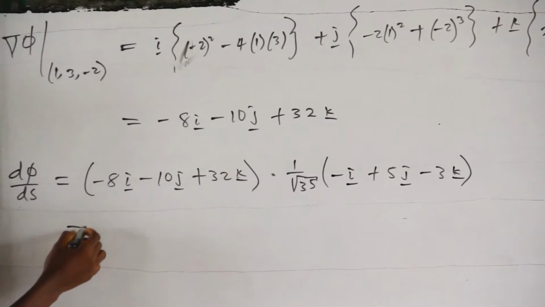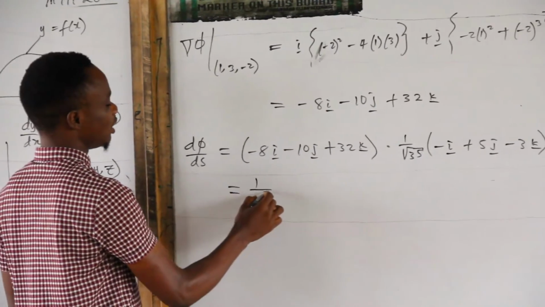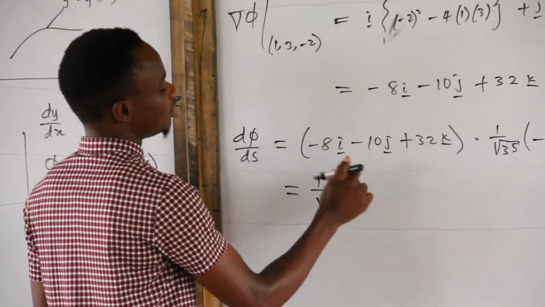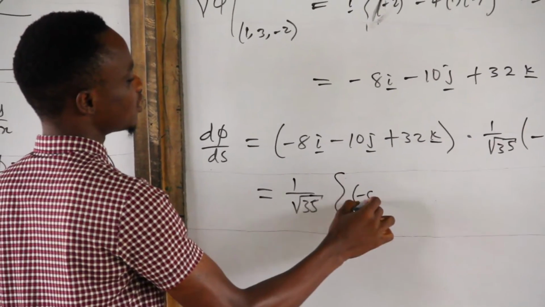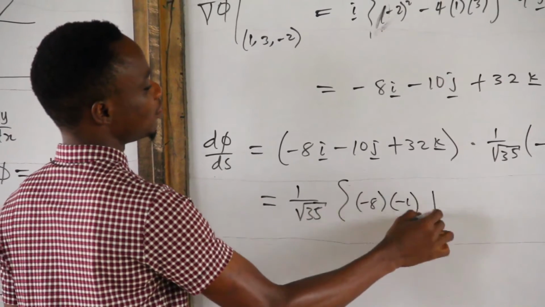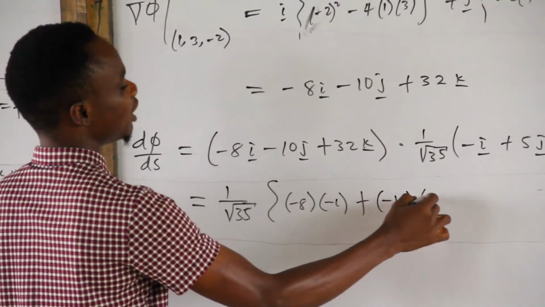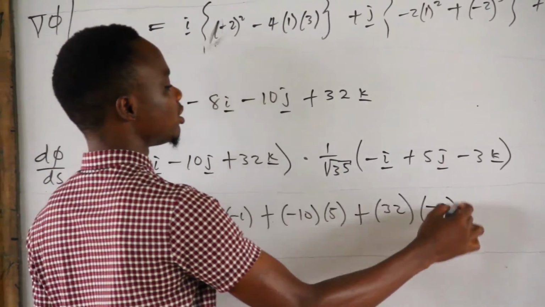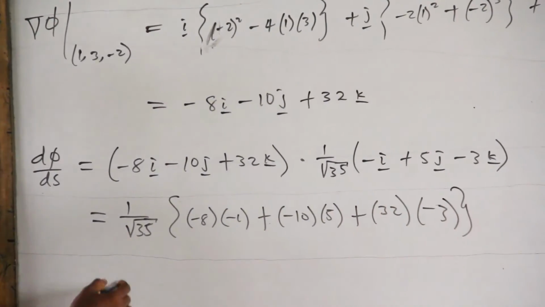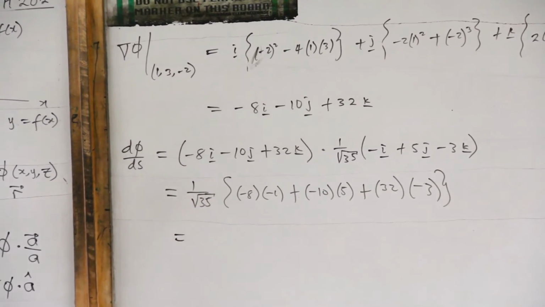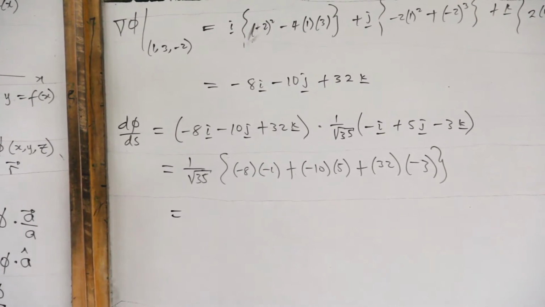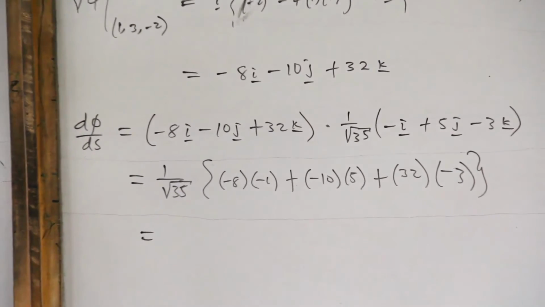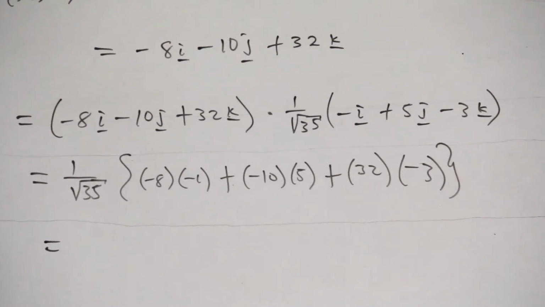It's going to give us this multiplied by this. So that's going to be -8 multiplied by -1, plus -10 multiplied by 5, plus 32 multiplied by -2. What will that give us? What do you have in the bracket?